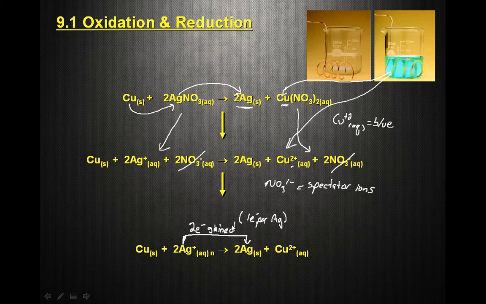Now those electrons had to come from somewhere, and if you look here, copper goes from 0 to +2. So one copper solid lost 2 electrons. So 2 electrons lost per Cu.